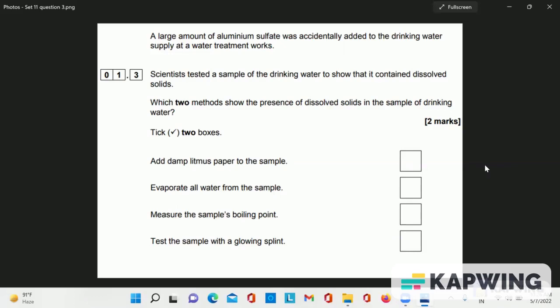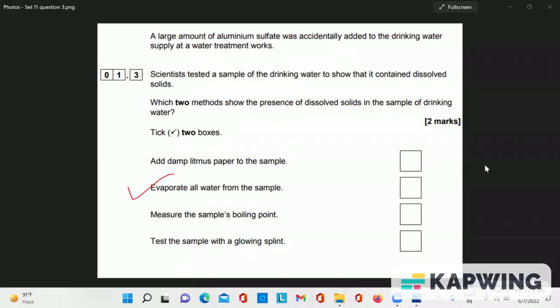My first option will be evaporate all water from the sample. Because if we evaporate all the water from the sample, once the water has evaporated, the solids will be left over. So we can see whether dissolved solids were present in the sample of drinking water or not. And the second option will be measure the sample's boiling point.